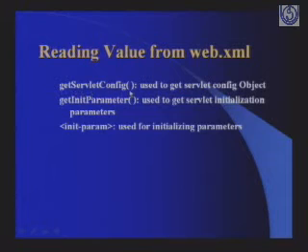So here get servlet config we will use to get the servlet configuration object, and get init parameter we will use to get the servlet initialization parameter, and init parameter is the tag which is used for initializing parameter.